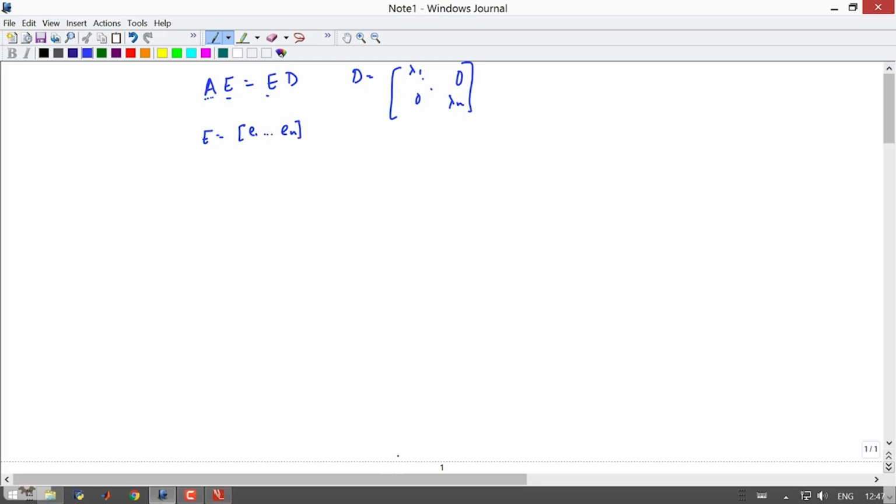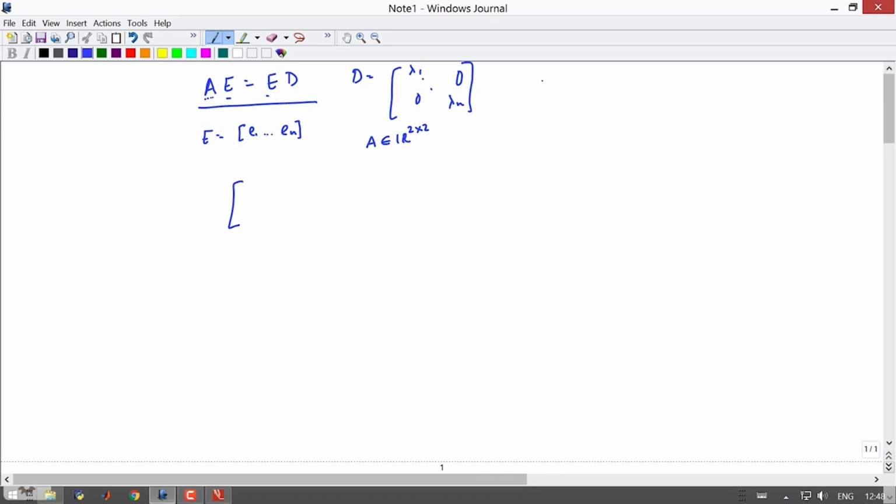So let me look at the two dimensional case, say A is in R 2 cross 2. Can I substantiate this statement? This is not a proof, but a little illustration of how we can go about it.